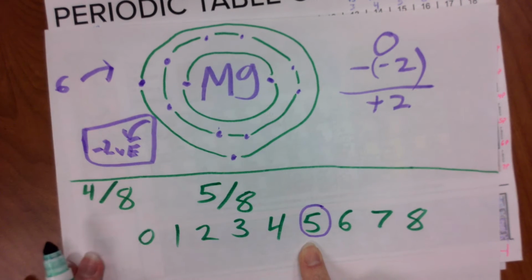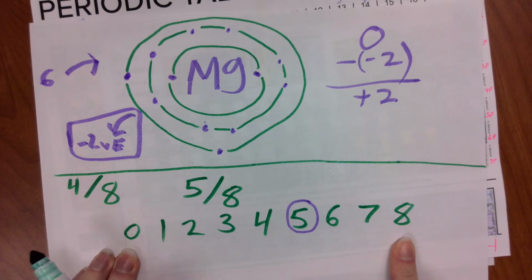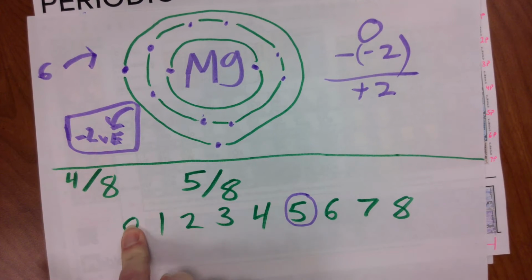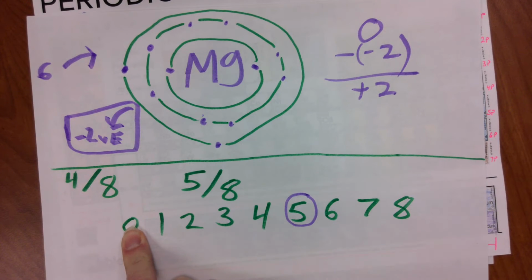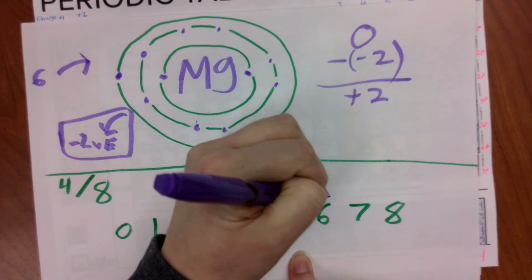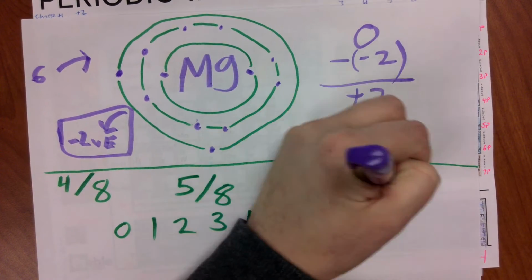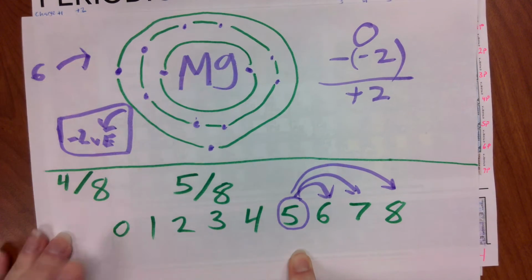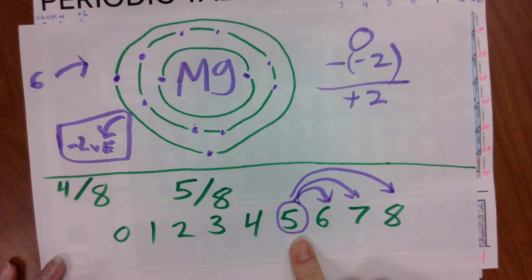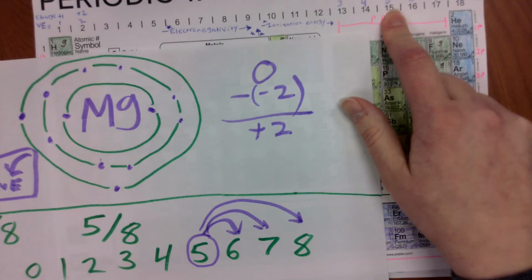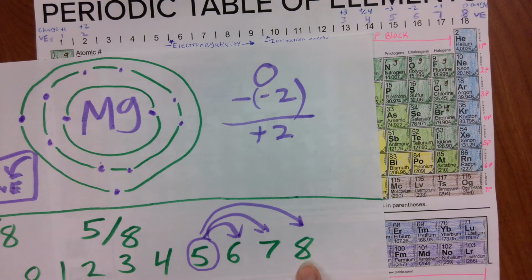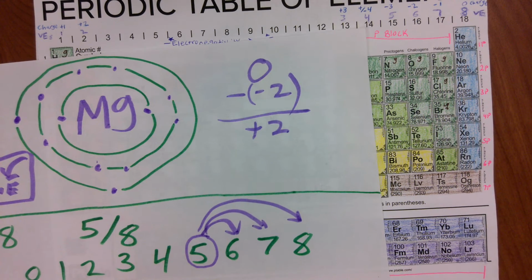Is it faster to get to 8 or to 0? Well, 5 is 1, 2, 3 from 8, and 1, 2, 3, 4, 5 from 0. So it's easier for elements that are closer to 8 to pick up that many electrons in order to get to 8. So in the case of our column with 5 valence electrons, it wants to gain electrons to get to 8 because it's closer to 8 than it is to 0.